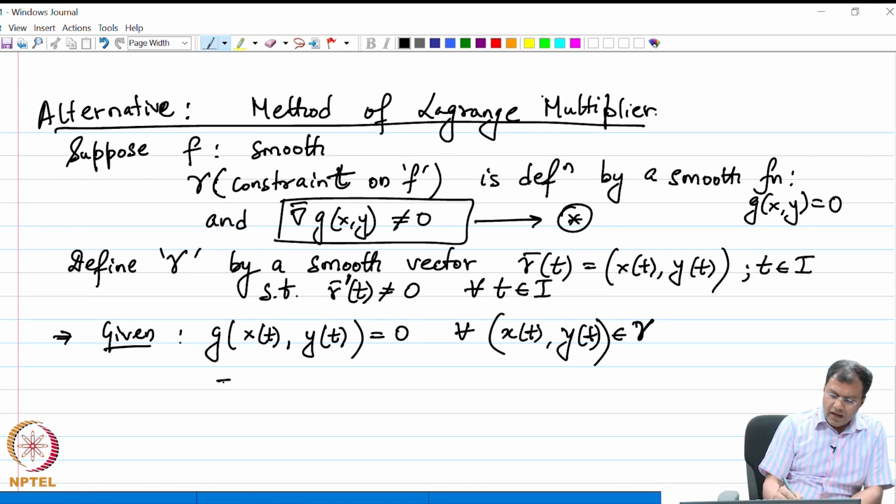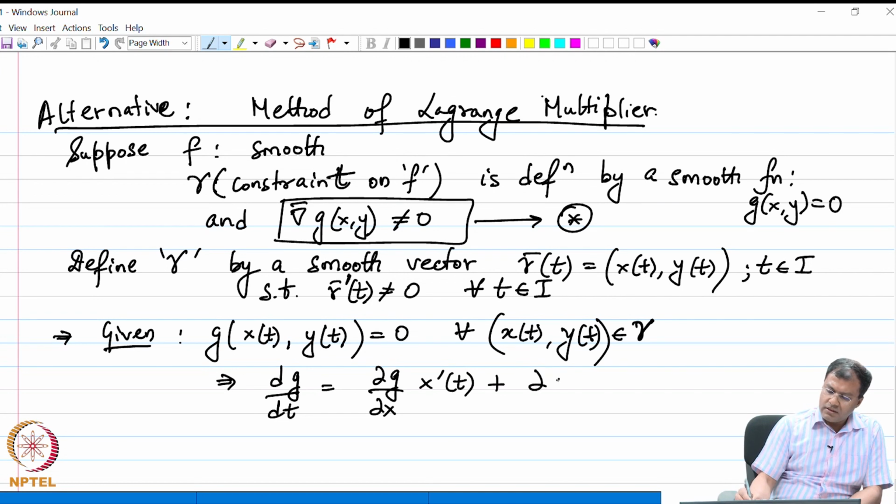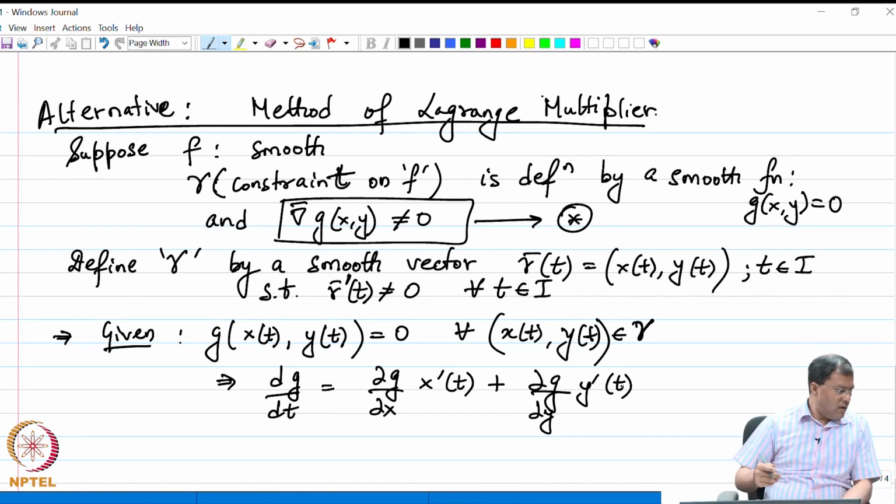So, from here what we get is that the derivative of g with respect to t is del g del x x prime t plus, just using the chain rule, del g del y y prime t, right.